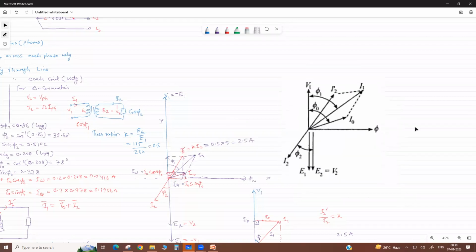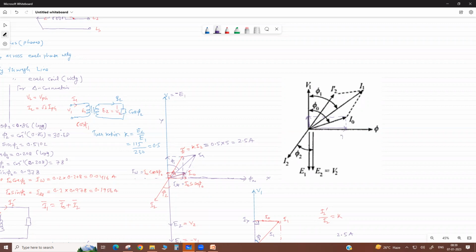So this I naught has two components, one here, another this side, this and this, correct? Okay, dear.